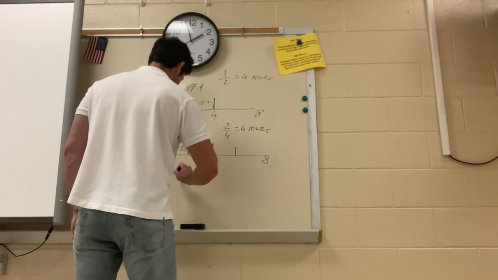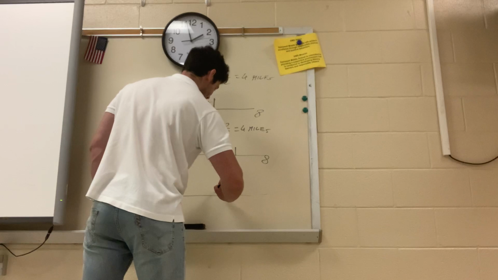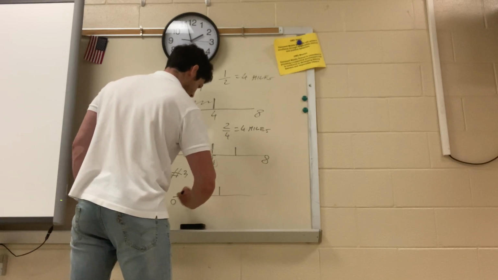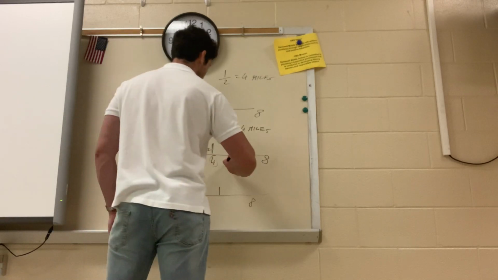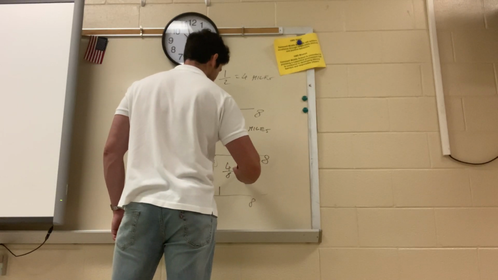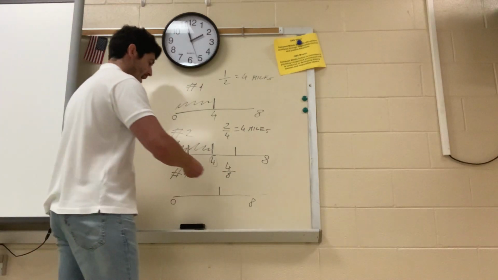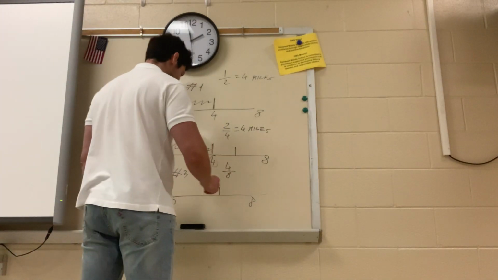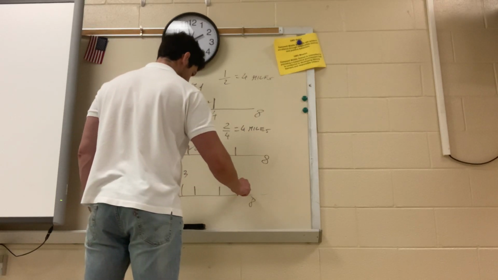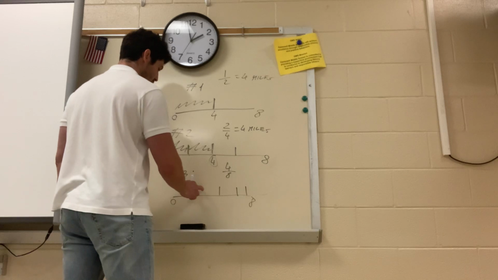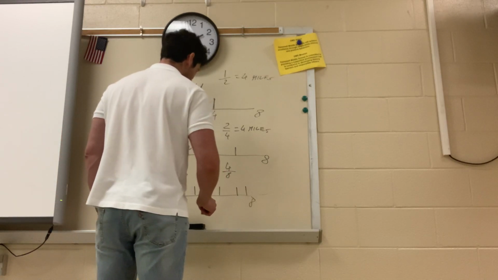Friend number 3, when he comes back, he says that he ran exactly 4/8 of the Greenway, right? 4/8 of the Greenway. So I'm going to divide this line in 8 sections, right? 1, 2, 3, 4, 5, 6, 7, and 8, right?